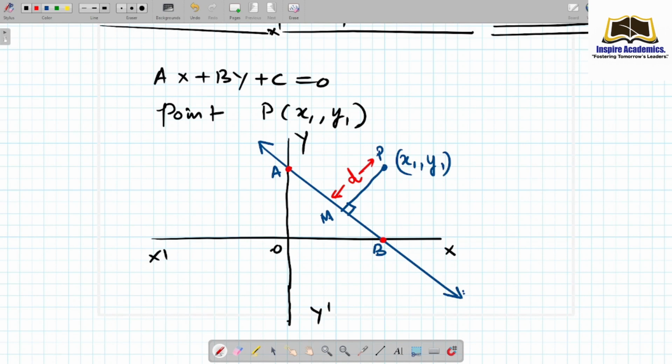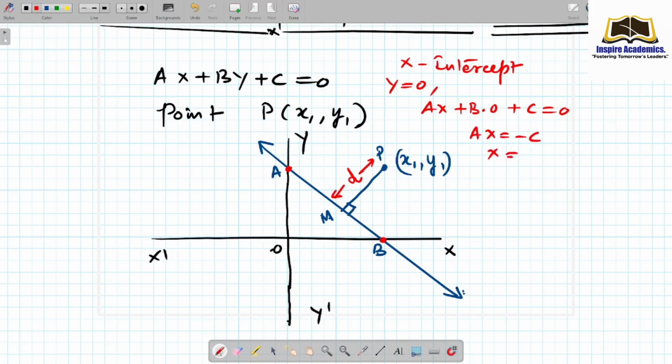Now let me ask you, what will be the coordinates of these intersections A as well as B? Whenever we have to find the x intercept, what do we do? We put y equal to 0 in the equation, okay? So ax plus b times 0 plus c equal to 0, which means ax equals minus c and x is equal to negative c upon a.